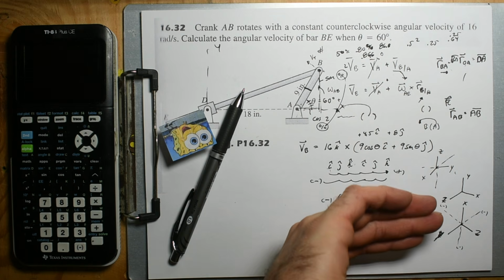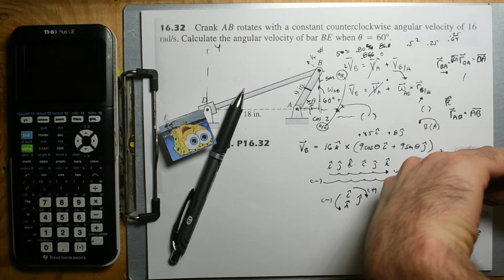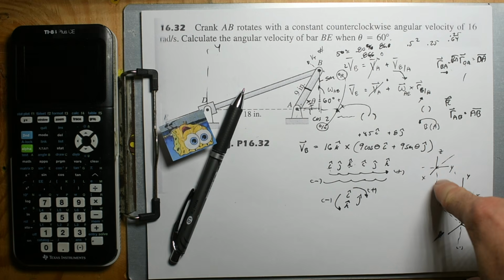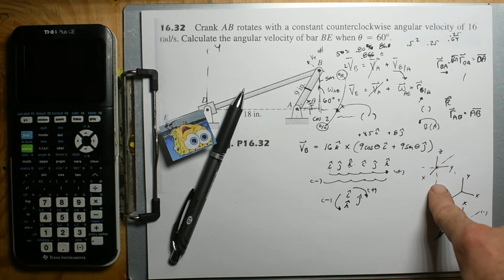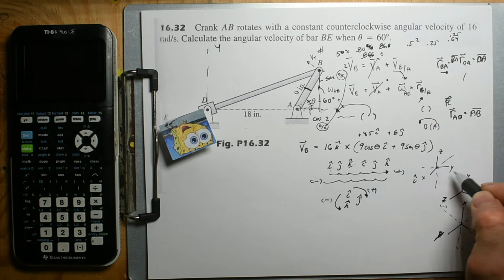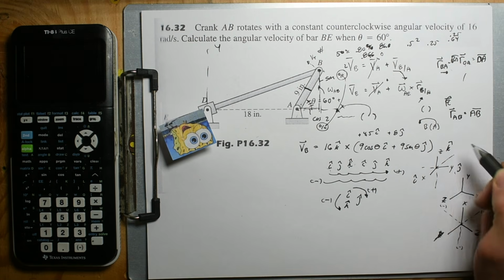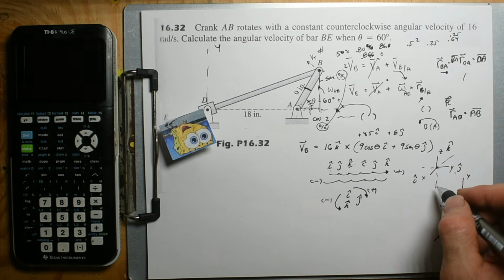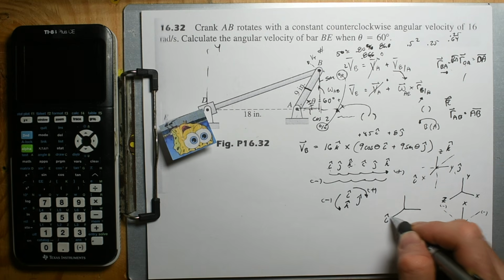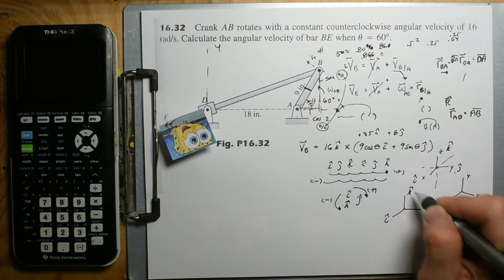So to get my fingers in Y and then sweep them into I, my thumb's going to be down in the negative Z direction, negative K hat. This is I hat, this is J hat, this is K hat. I like to visually see them as X, Y, Z, but you could also just do I hat, J hat, K hat.